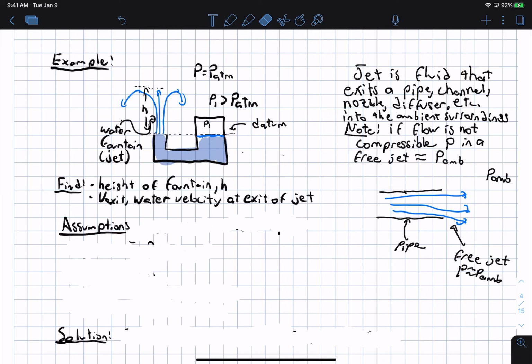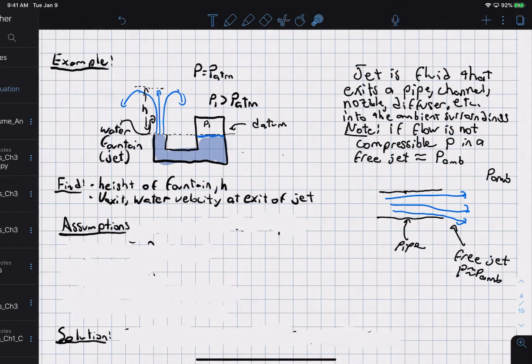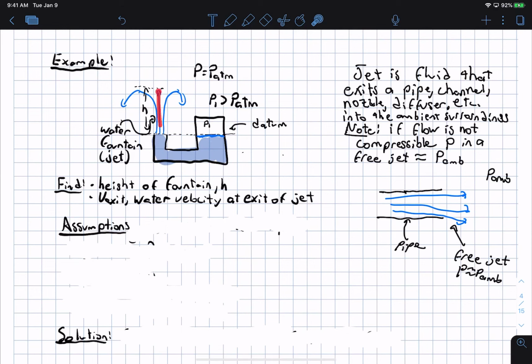Okay, so with that tangent aside, we are asked to find the height of the water fountain and the exit velocity of the fluid at the exit. Note, in this problem I don't give you any numbers, so this is the first example where we can work through with letters until the very end.